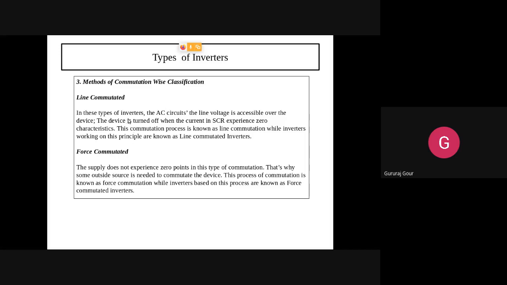In line commutated inverters, the AC line voltage is easily accessible to the device, and the device is naturally turned off when the current crosses zero. We have already learned this. That is why they are known as line commutated inverters.